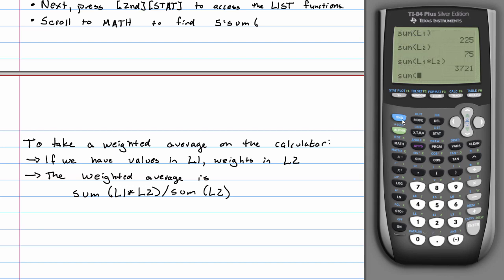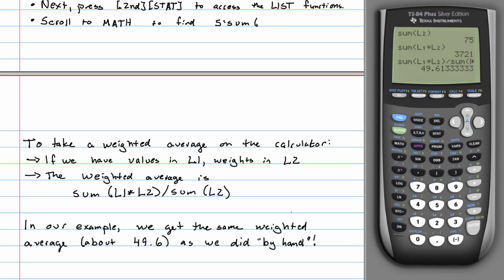Sum of L1 times L2 divided by the sum of L2, and that's the same number that we got in the last video. And that's great. That means that this process we came up with on the calculator actually works.